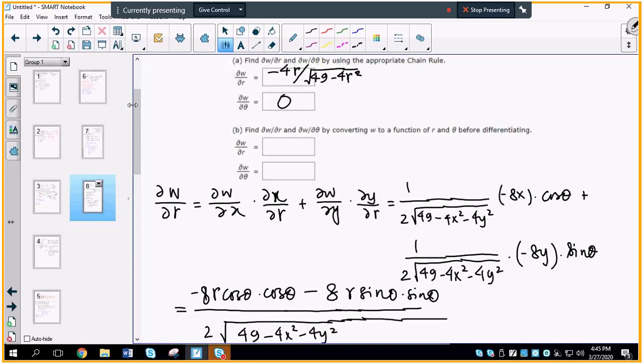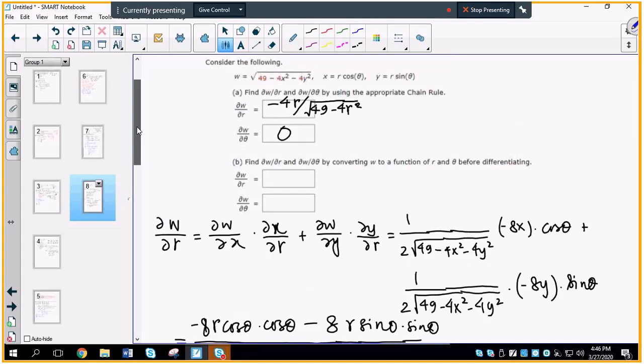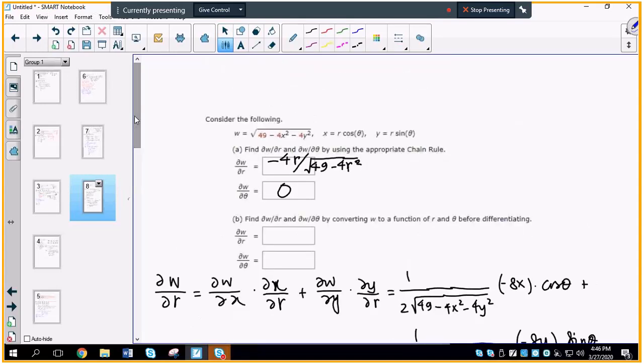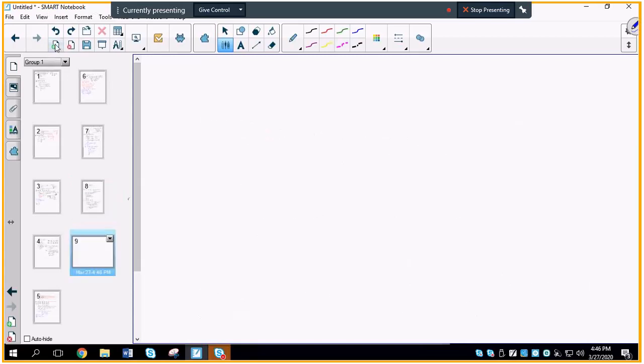As you know, now your target is to rewrite w in terms of r and theta, then take the derivative. So we'll go back to the form of w. W is square root of 49 minus 4x squared minus 4y squared.